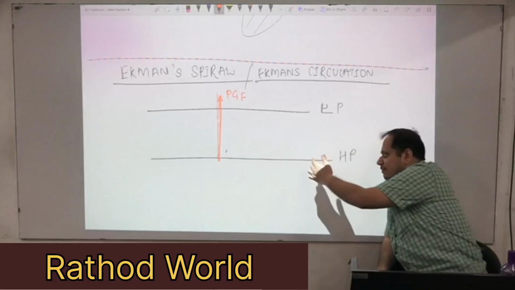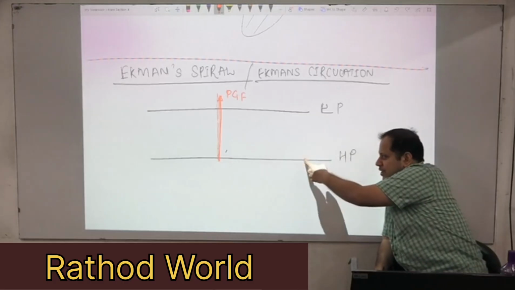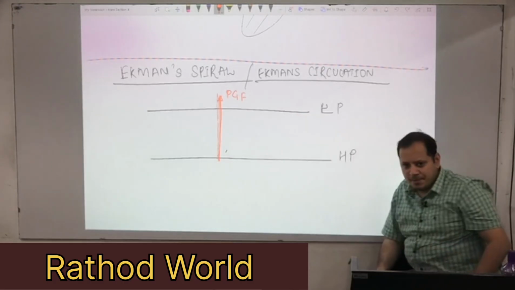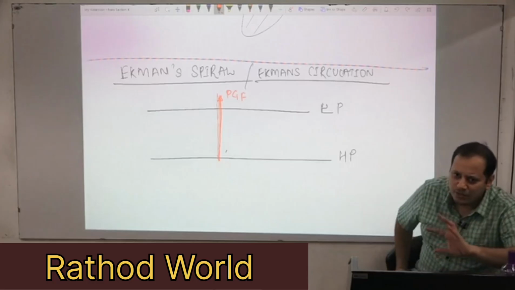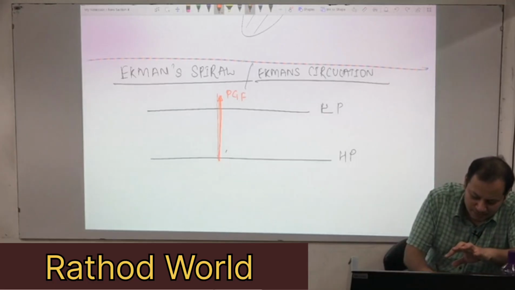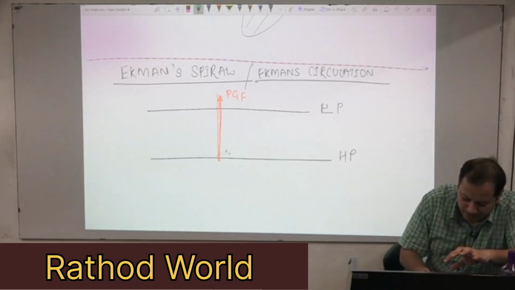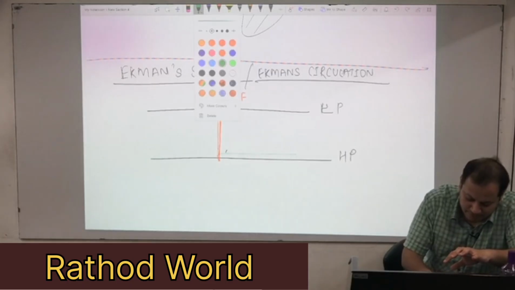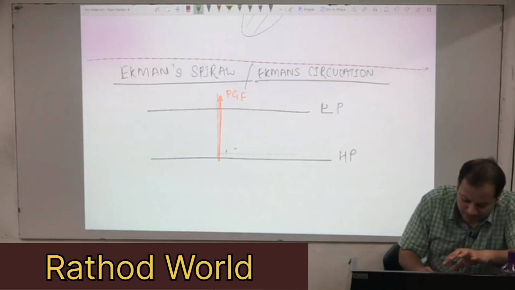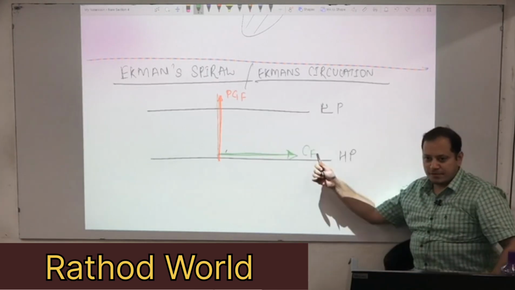So theoretically, wind, if there is only one force, wind should flow straight, right? But there is not only one force, there is also another force that acts on the winds, and this acts perpendicular to the pressure gradient force, and we will call this force as the Coriolis force. Coriolis force हमेशा act करेगा perpendicular to the pressure gradient force.